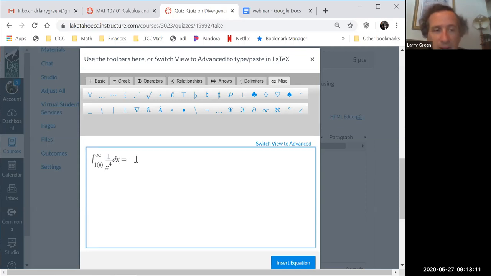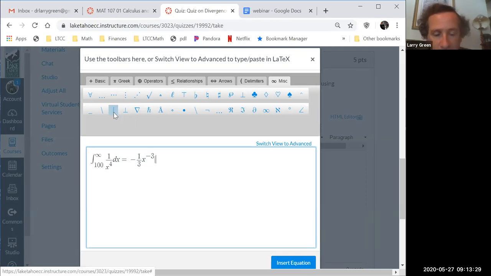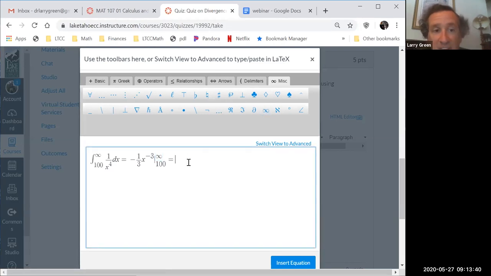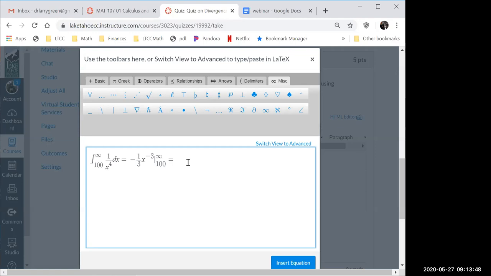That's not supposed to be a hard integral, by the way. In fact, we already did this one with a u, same thing. So it's going to be negative 1 over 3 times x to the negative 3, going from 100 to infinity. And we've already seen this. If we plug in infinity, what do you get? 0. So that just goes away.